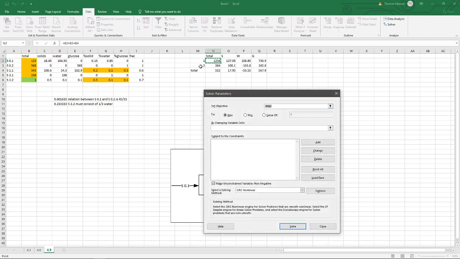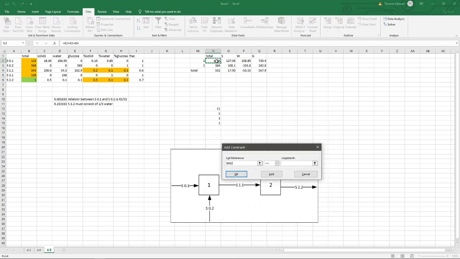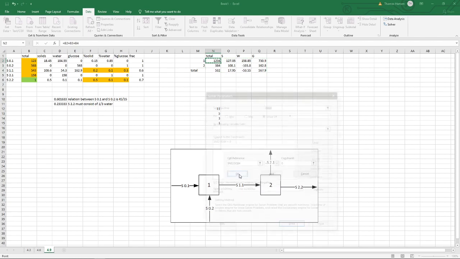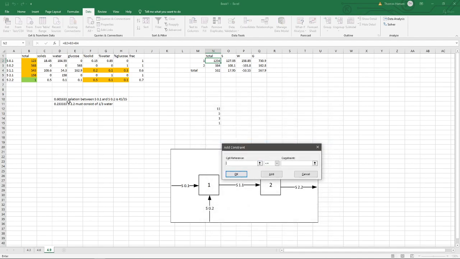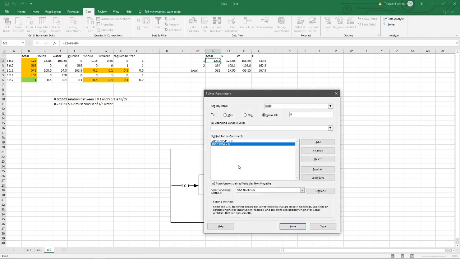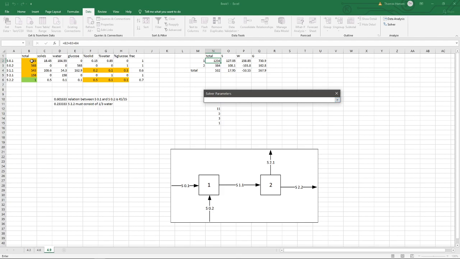N2, does that check out? N2, we want it to be equal to 0. We'll say we want all of our mass balances to be 0. Then I can say these two conditions I also want to be 0. And is there anything else? What can Excel change?